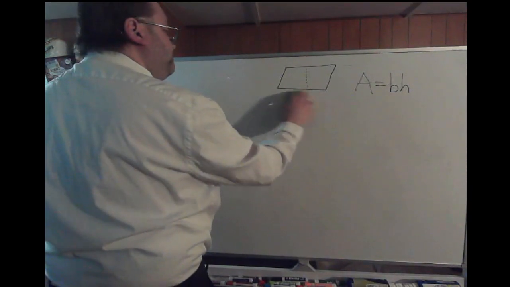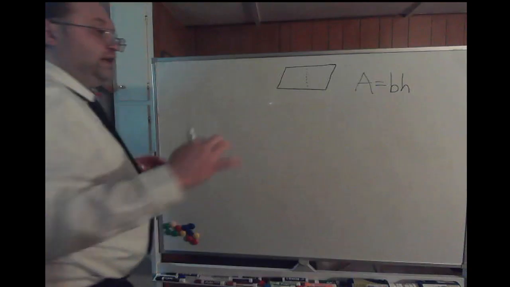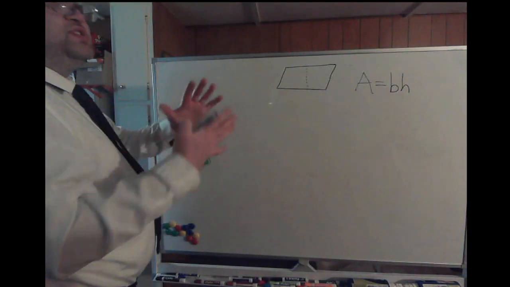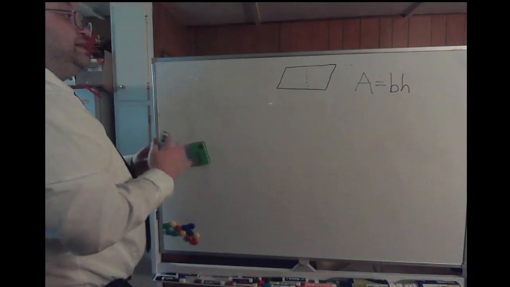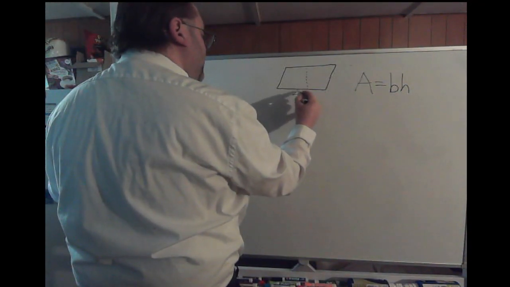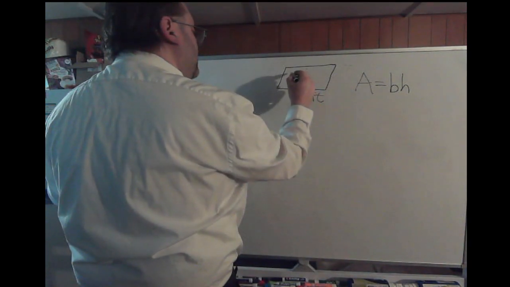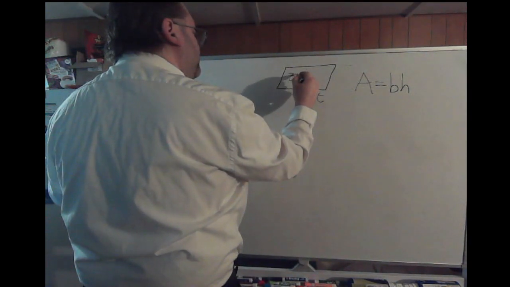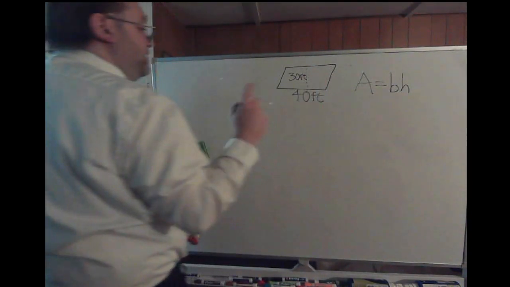Alright. So remember, these slanted sides of the parallelogram cannot be your height because they're slanted. You have to have a straight line in order to have a height. So let's say we have 40 feet for this base. Let's say we have 30 feet for the height.